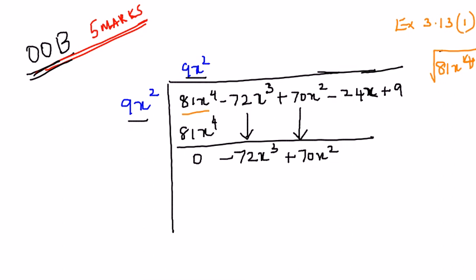Now to find the next element in your quotient, whatever is there in your quotient at that point in time, you multiply that with 2. So we have 9x squared in the quotient here. 9x squared into 2 is going to be 18x squared. Now I'm going to divide this term here, minus 72x cube, with 18x squared.